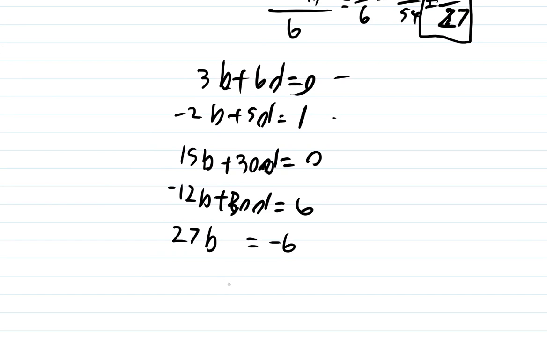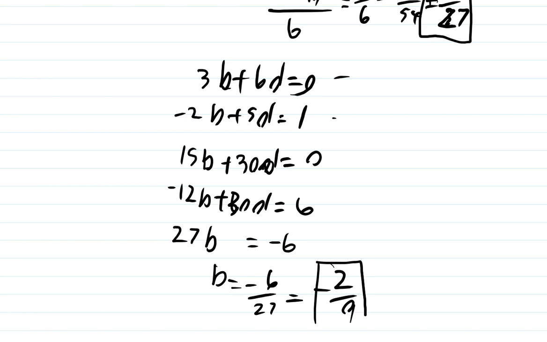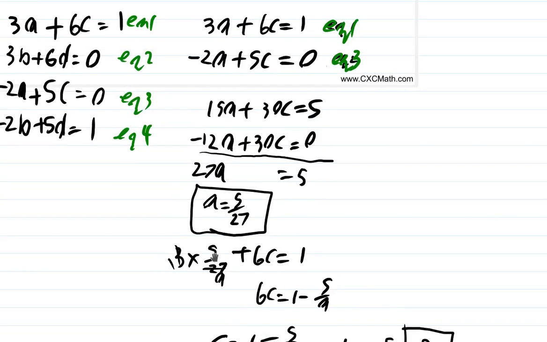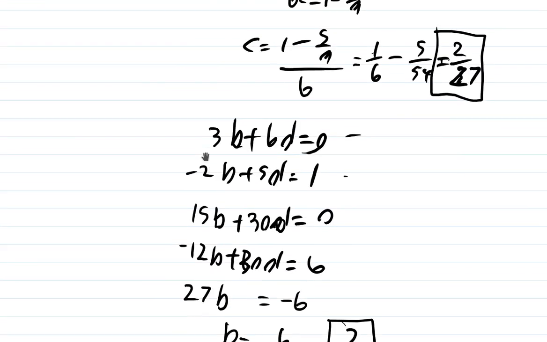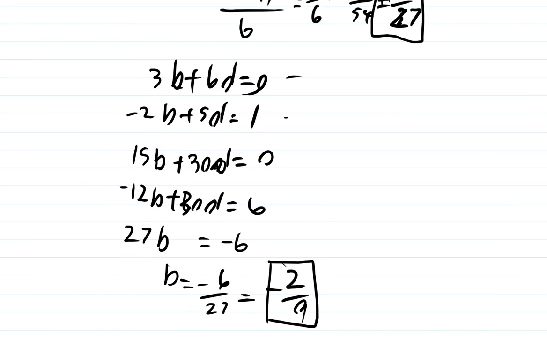Then B would be what now? B would be negative 6 over 27. Oh, hold on there. 3 into 6, 2. 3 into 27, 9. Negative 2 over 9. So that is B. And then D now. Since B is negative 2 over 9, I would have 3 times negative 2 over 9 plus 6D equals 0. 3 into 3, 1; 3 into 9, 3.